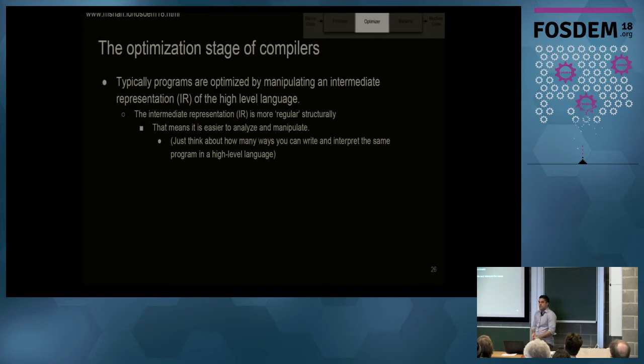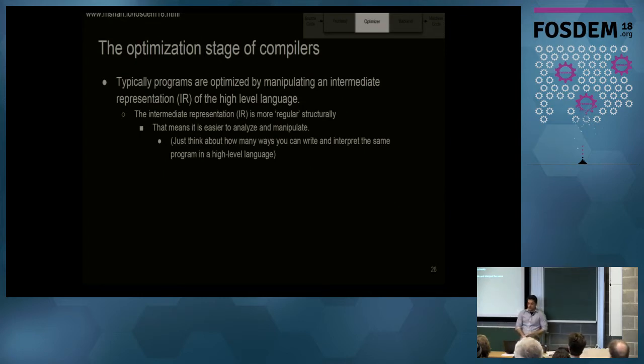Okay, so typically, what's going on during the optimization stage for compilers? There's some intermediate representation, or some intermediate language, that the high-level language gets translated into. And this is something that has more of a regular structure, something that can be manipulated a little bit easier.